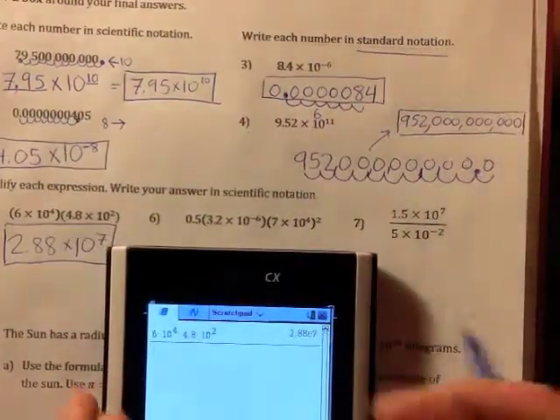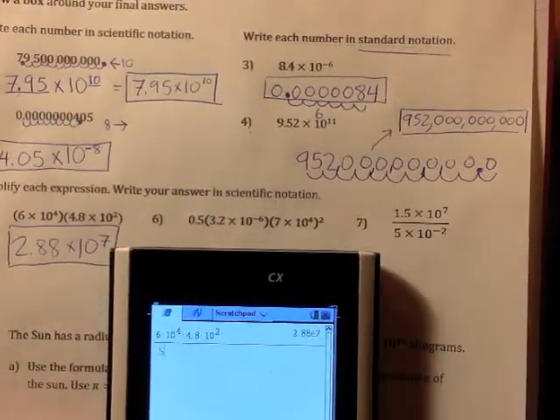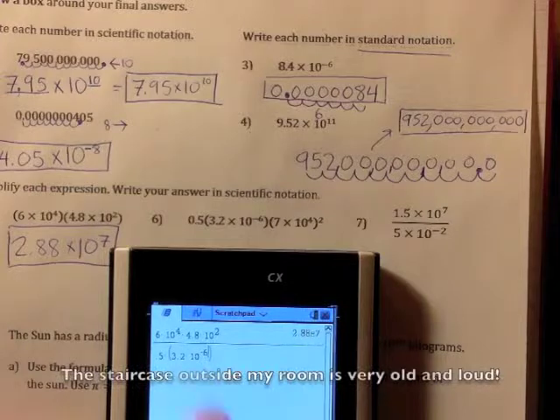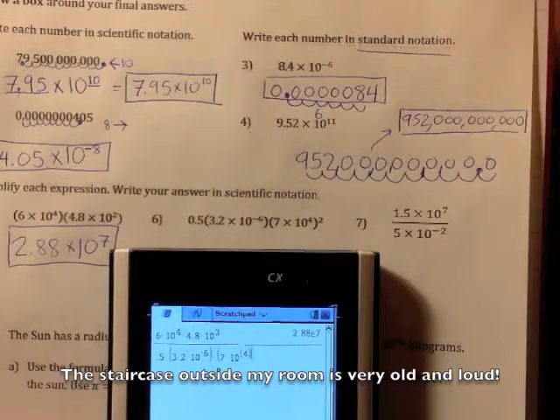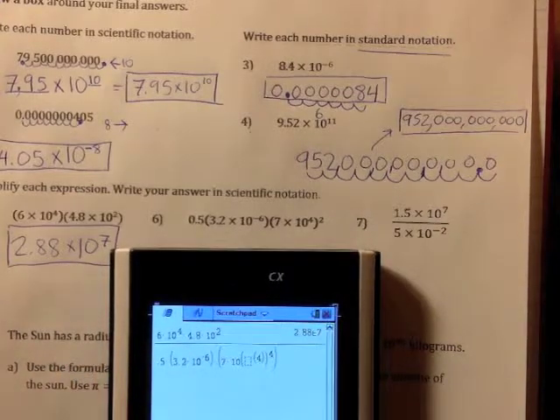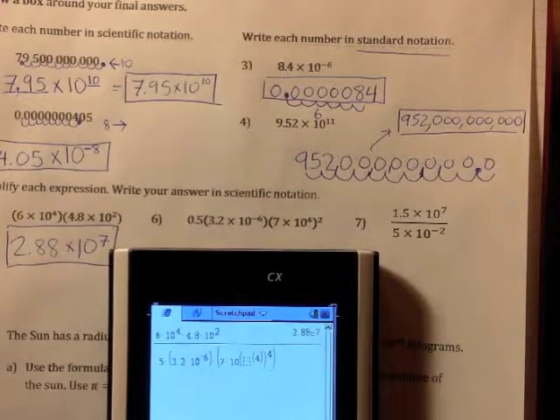So let's do the next one here. 0.5 times, in parentheses, 3.2 times 10 to the negative 6th power, end parentheses, times 7 times 10 to the 4th power, end parentheses. Oops, I didn't mean to have that many parentheses. Okay, now things are getting crazy.